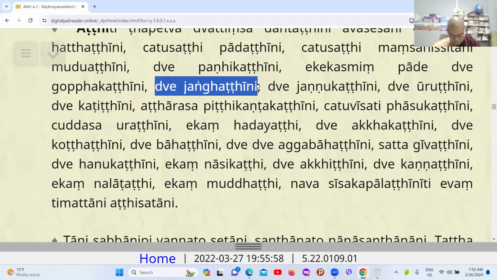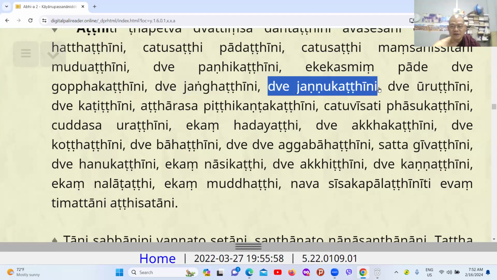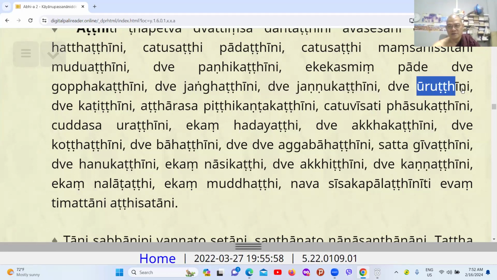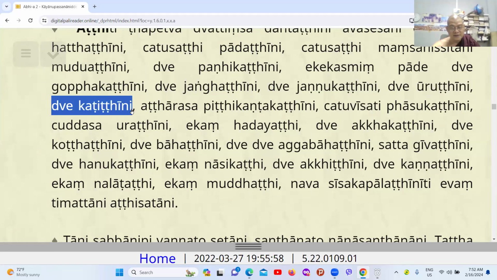What is januka? The 2 bones also, janukati. I don't know januka. So dwe urutini, chest bone, 2 chest bones. Dwe katitini, katami, waist bone, 2 waist bones.